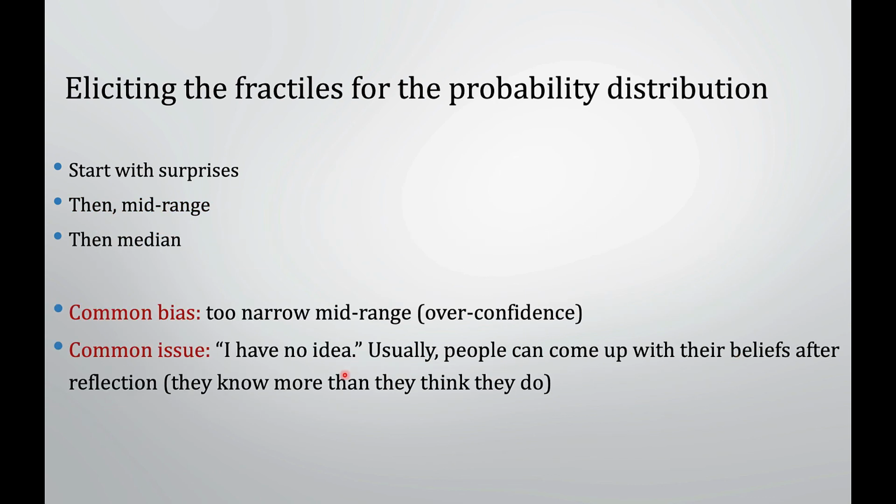Okay. And then another common issue is to say, I have no idea about the probability. Well, usually people can actually come up with their beliefs after some reflection. If you think more about the little pieces that can give you additional information about the measure, then you can probably come up with a certain kind of belief.